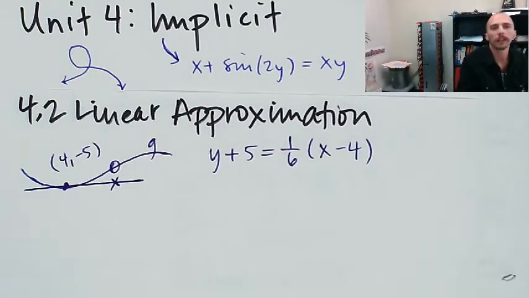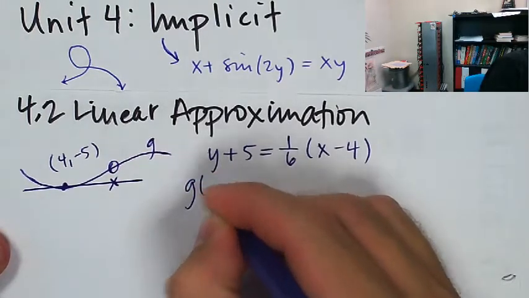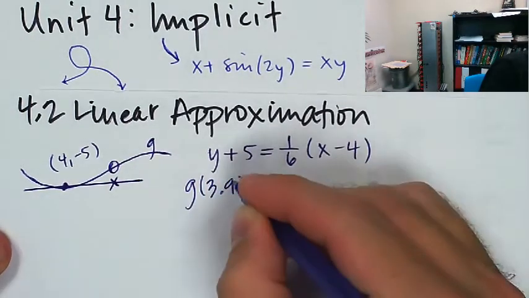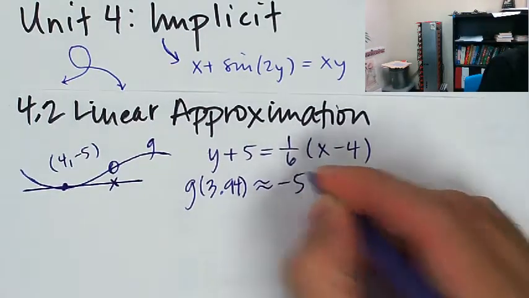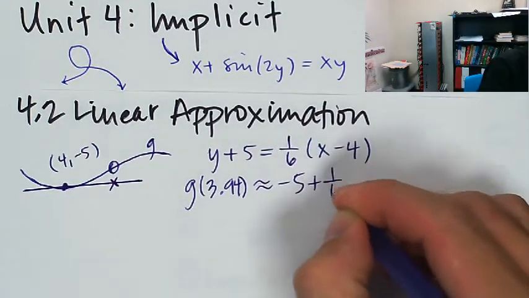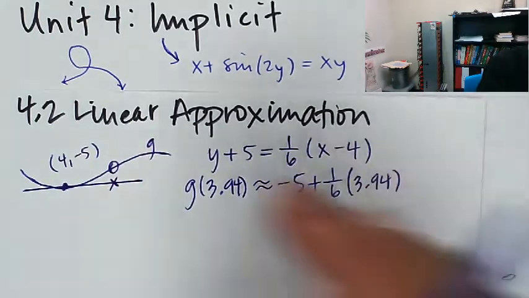And it says something like, okay, give me an approximation for g of, let's say, 3.94. So g of 3.94 is going to be approximately equal to -5 plus 1/6 of 3.94 minus 4.